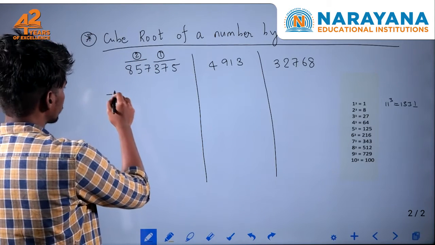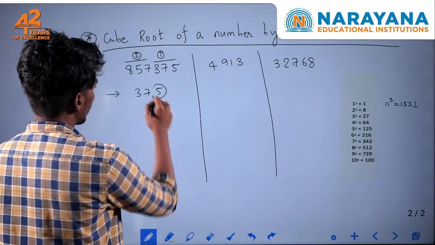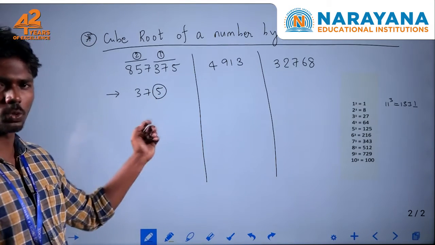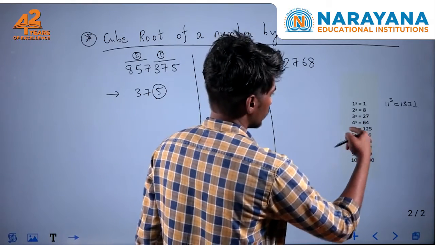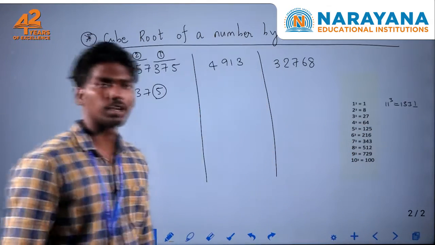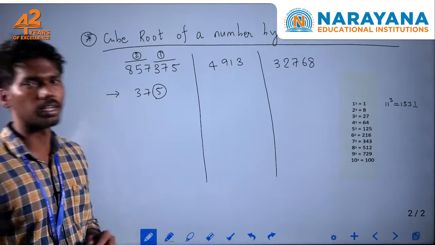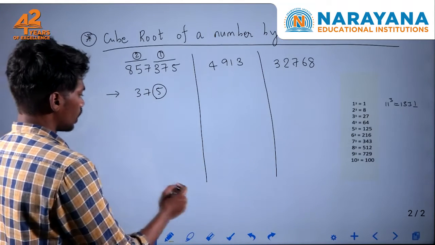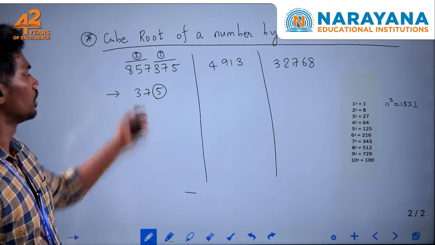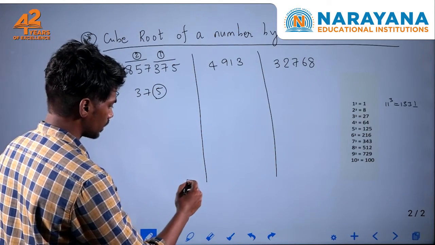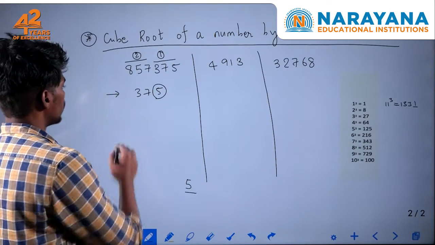Now 375, observe the last digit or the digit in the units place of this number, 5, and if you see here 5 cube is 125. So numbers ending with 5, its cube also ends with 5. Therefore the cube root of this number will also have 5 in its units place.